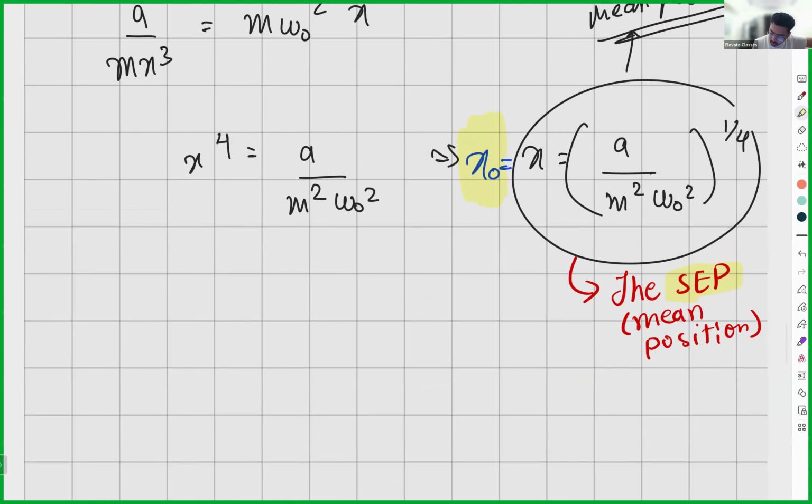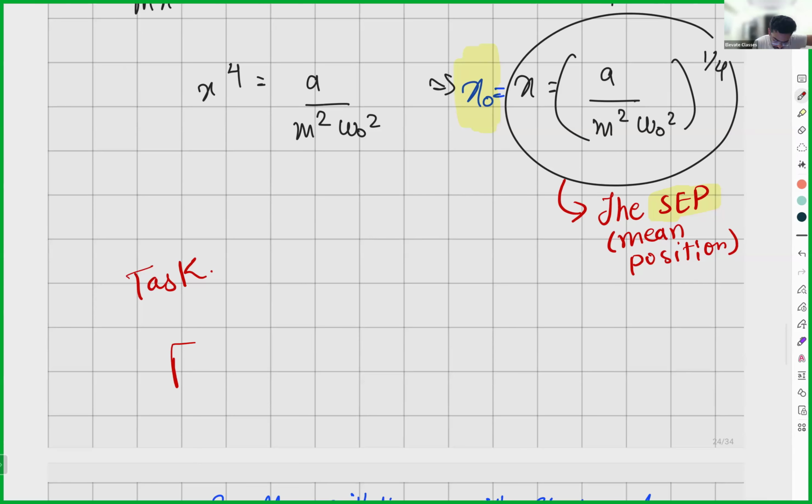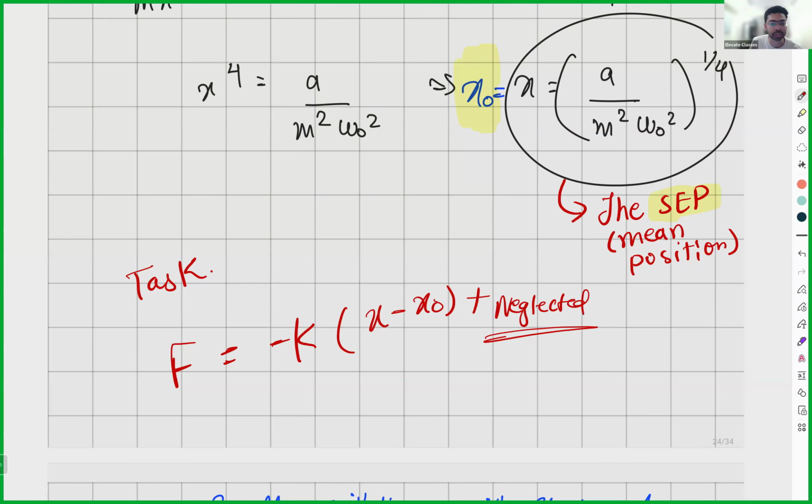Now what I have to do. My task is to prove that for small oscillation, force is equal to some minus k times (x minus x naught) and some neglected terms, other higher order terms. Okay.